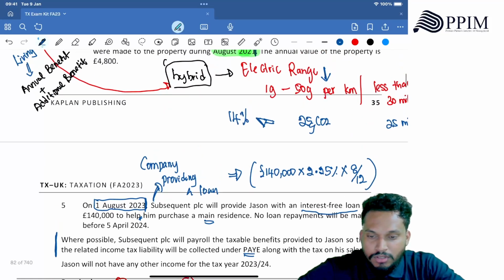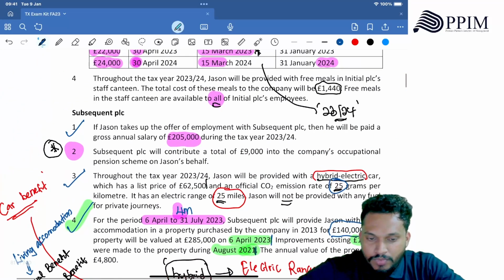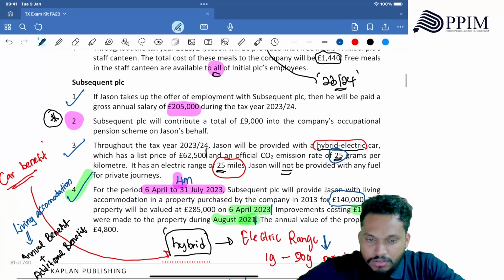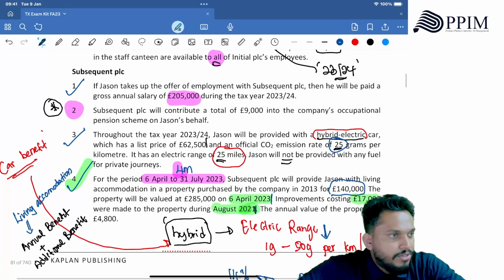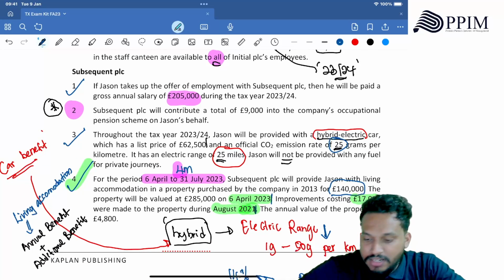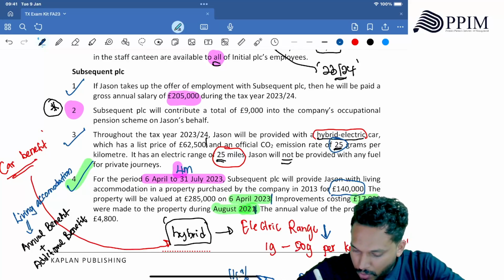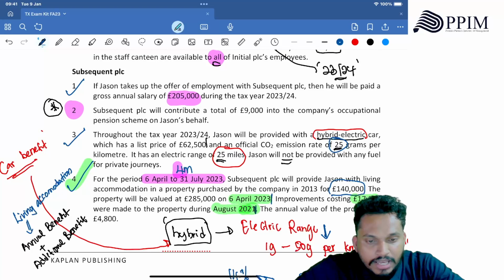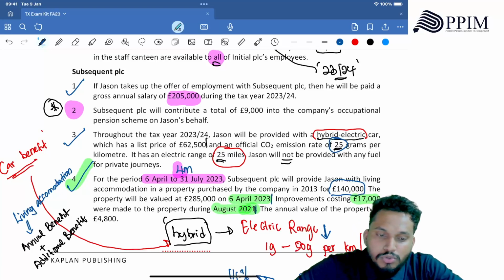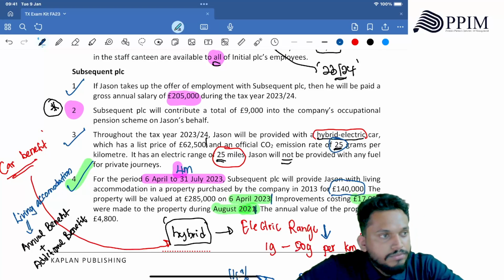Okay. So that's what I'm going to come to. I left that asterisk mark to you. Now think, should I take this 9,000 into my calculation or not? Why?